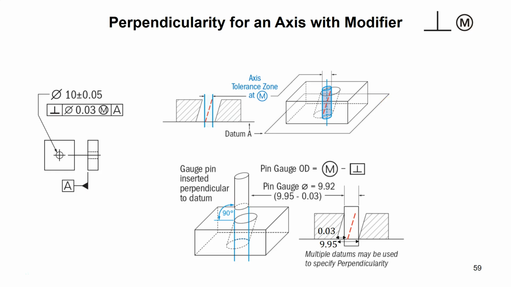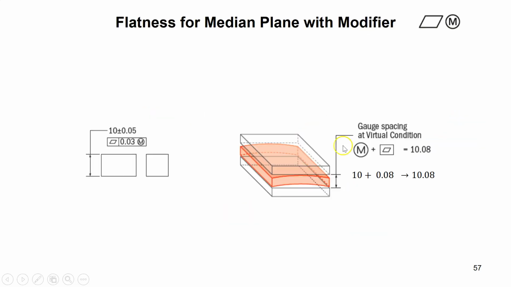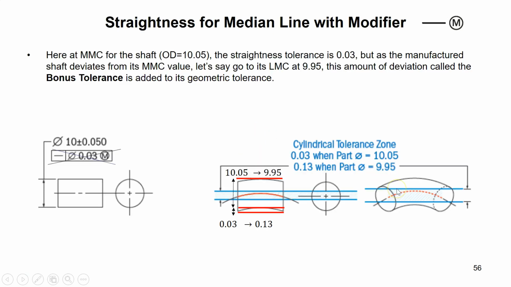So you see that by adding a modifier, the sizes of the pins or the holes that we use for inspection are affected, and also what? The amount of the geometric tolerance that I can have is also what?